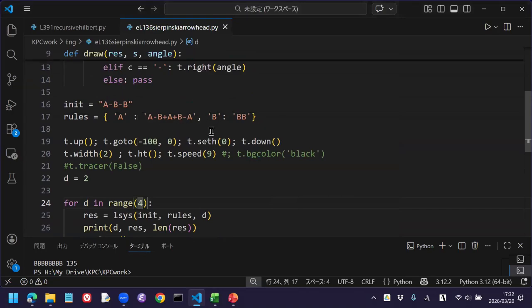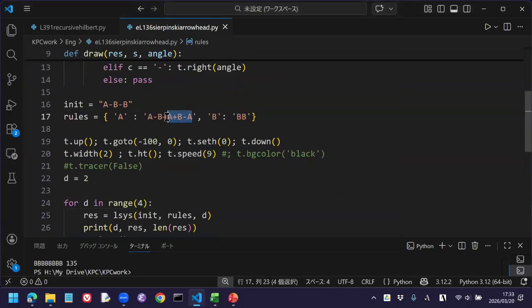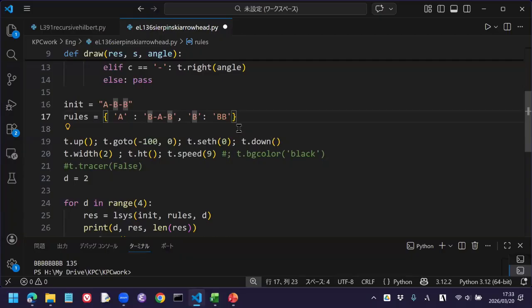A goes to B minus A minus B. So we write it: A goes to B minus A minus B. Very simple. And B is just the opposite: A plus B plus A. Just the opposite of the rule for A. So it should be written as A plus B plus A. That's it.